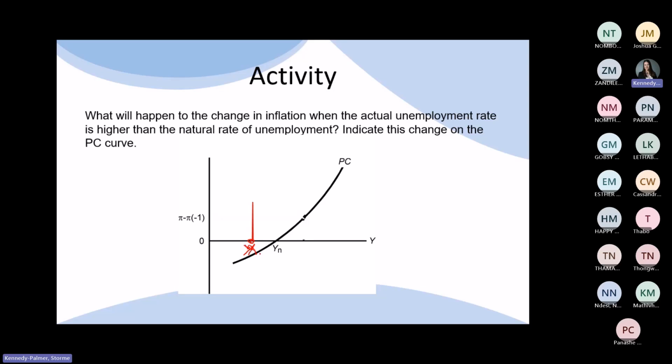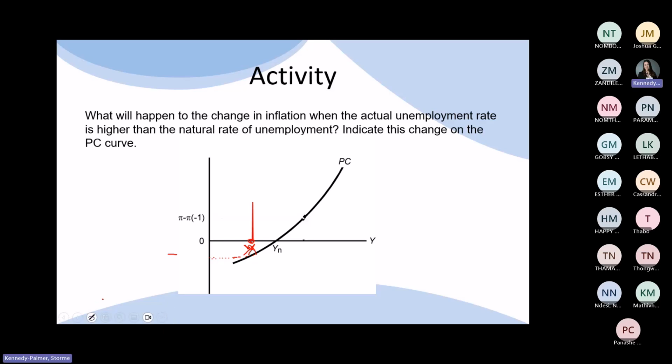So I've got Y, and it is associated, if we go down to see where it intersects our PC curve, and then where that lines up with our vertical axis, with a negative change in inflation, which means that the rate of inflation is decreasing, but it doesn't necessarily mean that prices are falling. It just indicates that prices are rising at a slower pace than before.